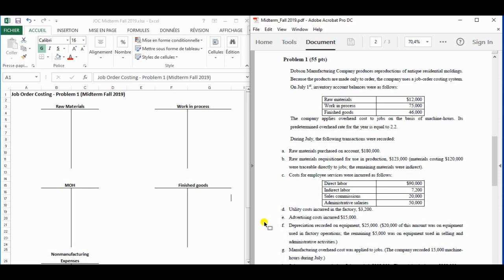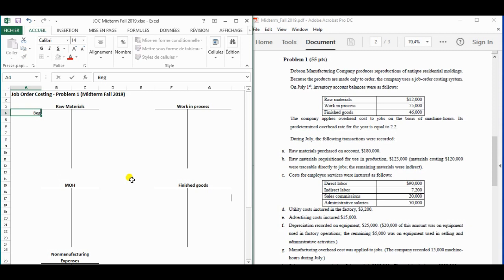Okay, so I will start by recording in the debit side of raw materials. So I will debit raw materials with 12,000.